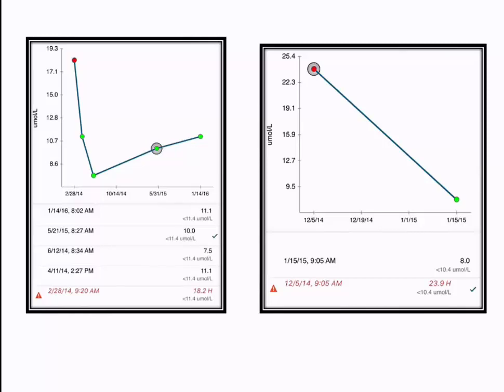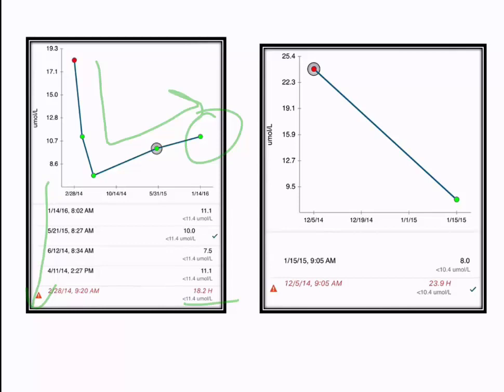Now, these are some of my patients. I just like to throw this in, and right here you can see when these were taken, and then you can see the level. This level started at 18.2, and you can see over time what's happened with this person's homocysteine. It's kind of fluctuated, so we need to start putting more attention on it, because it's starting to creep up.